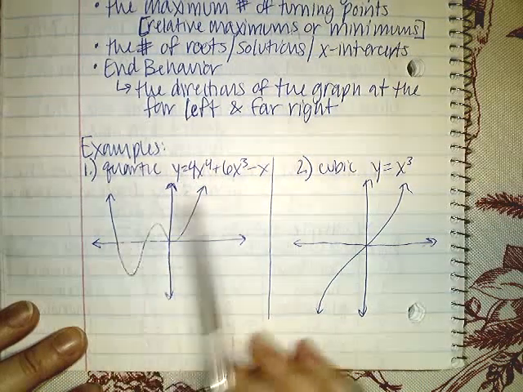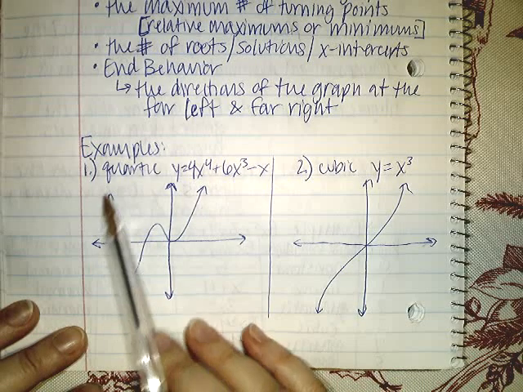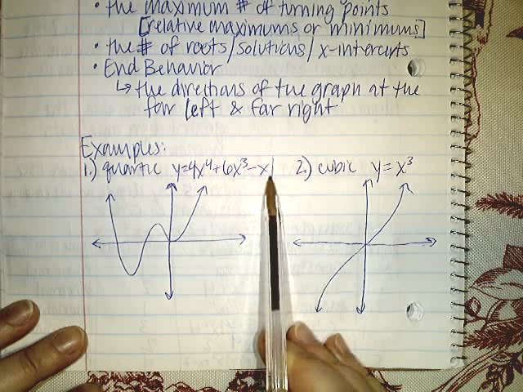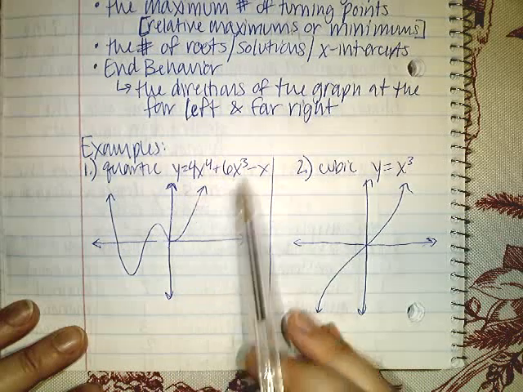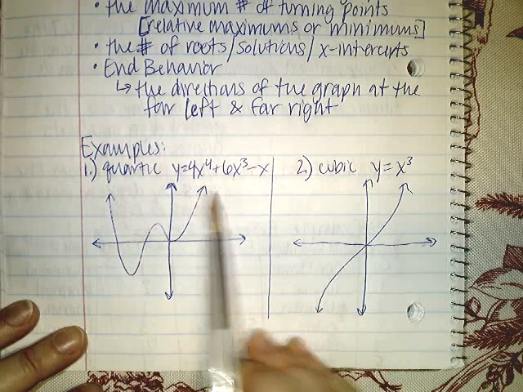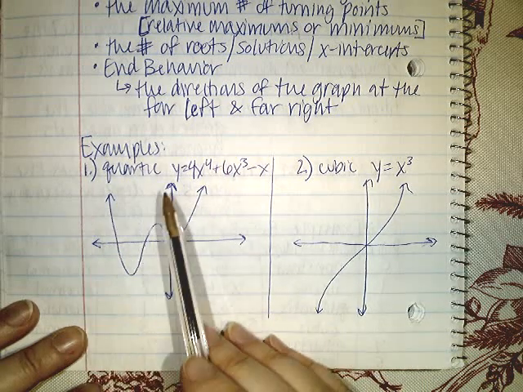So we have 4x. This is a rough sketch, so it's not precise, but general shape. 4x to the 4th plus 6x cubed minus x. And what I'm looking at is what's happening at the arrows at the end. So where are the arrows going on the end?